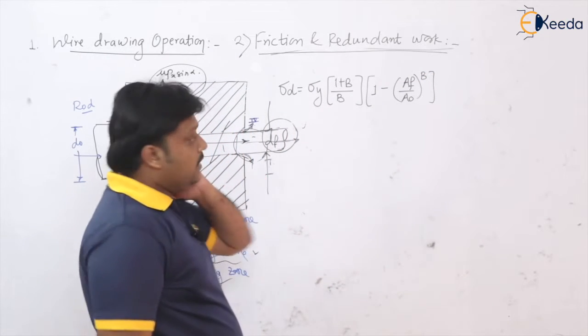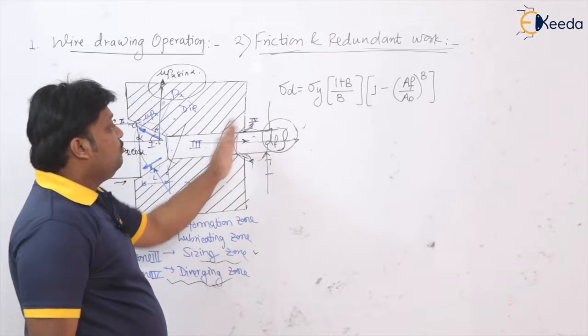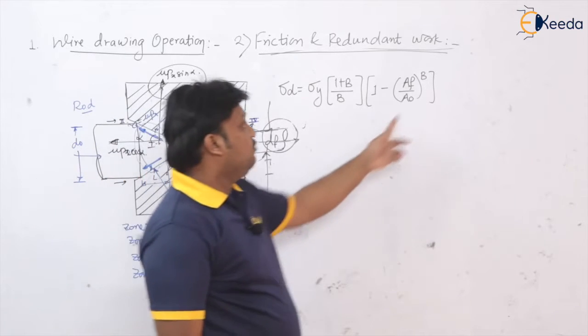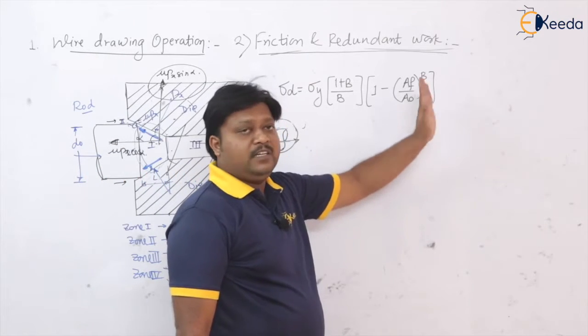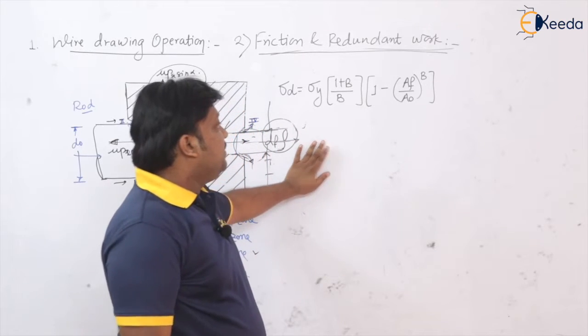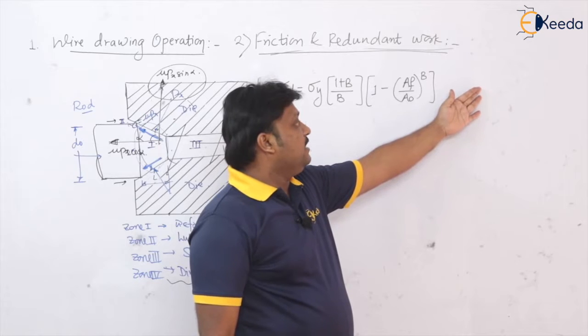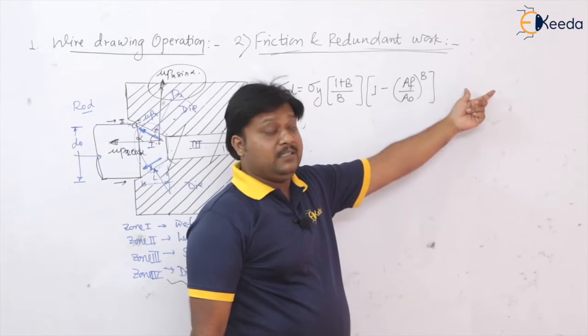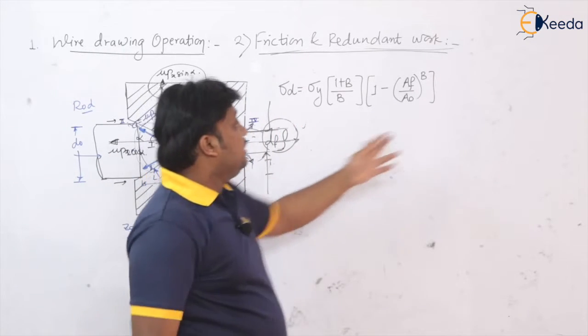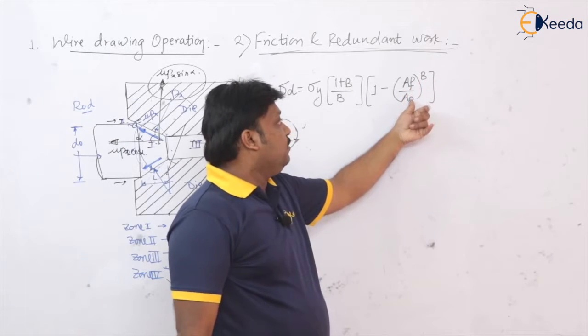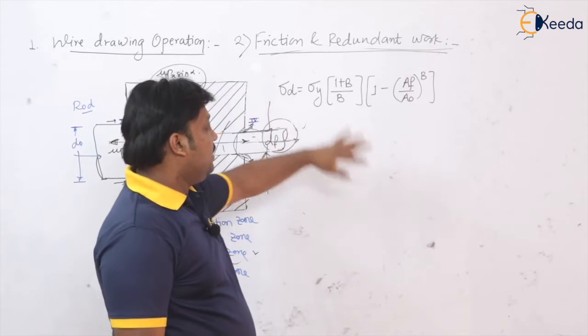Okay, so here the back pull and front pull we are not going to consider. If given, you can take that back stress or front stress. The back stress, if the back pull is given, then sigma b into again A final by A naught to the power B, we have to add that.